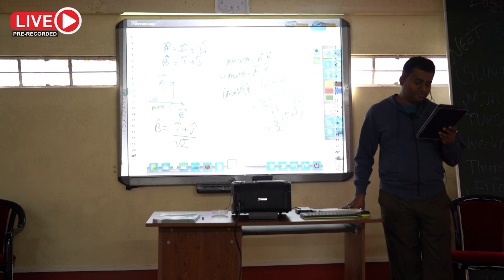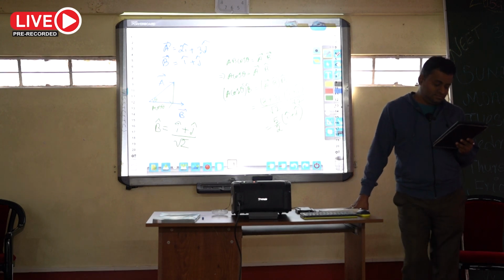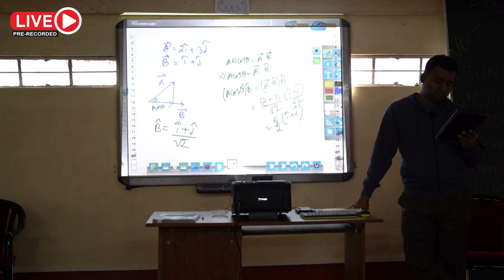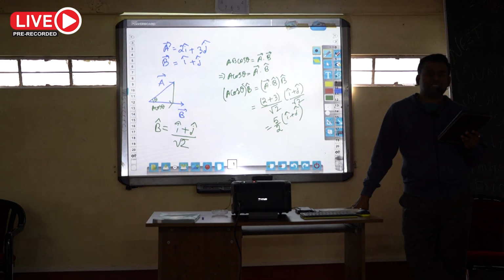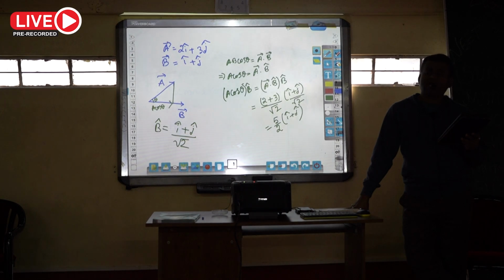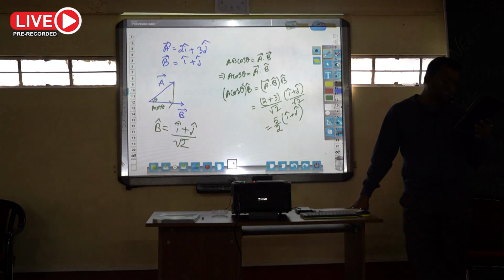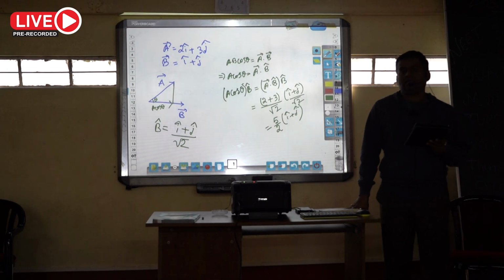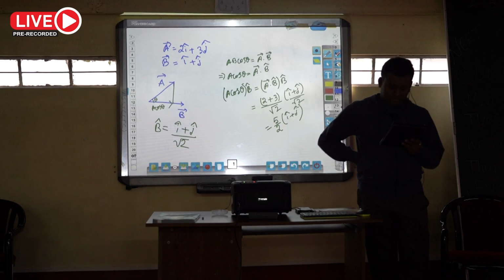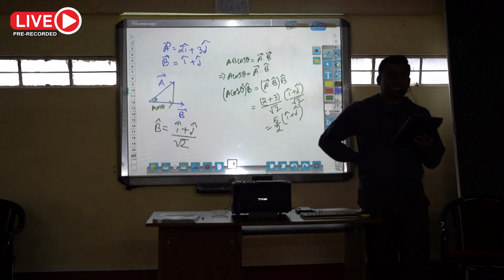Okay, now question number 16. A particle has initial velocity 3 i cap plus 4 j cap and has acceleration 0.4 i cap plus 0.3 j cap.